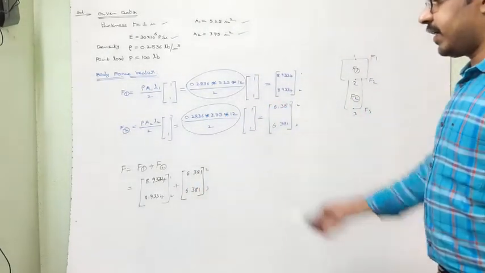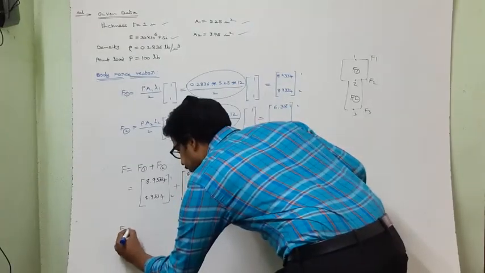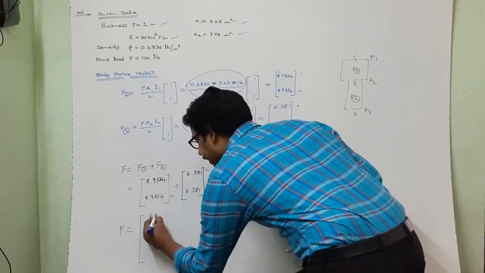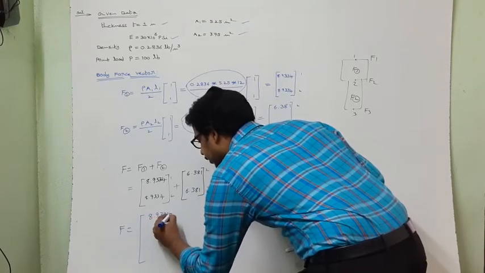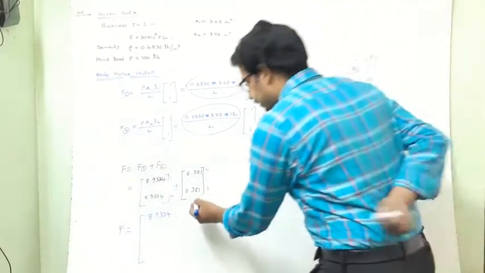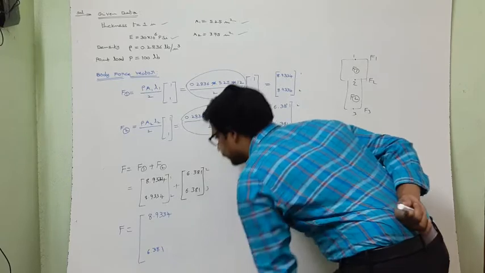So the body force vector F is equal to 8.9334, 8.9334 and 6.381.